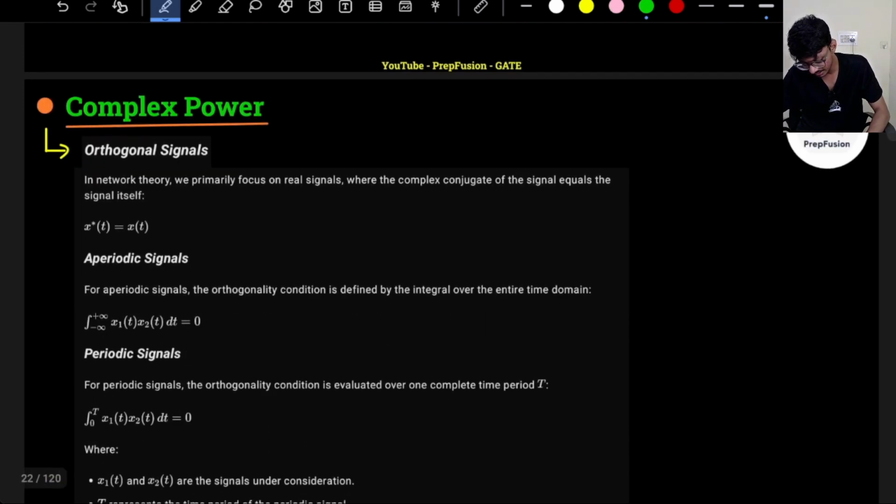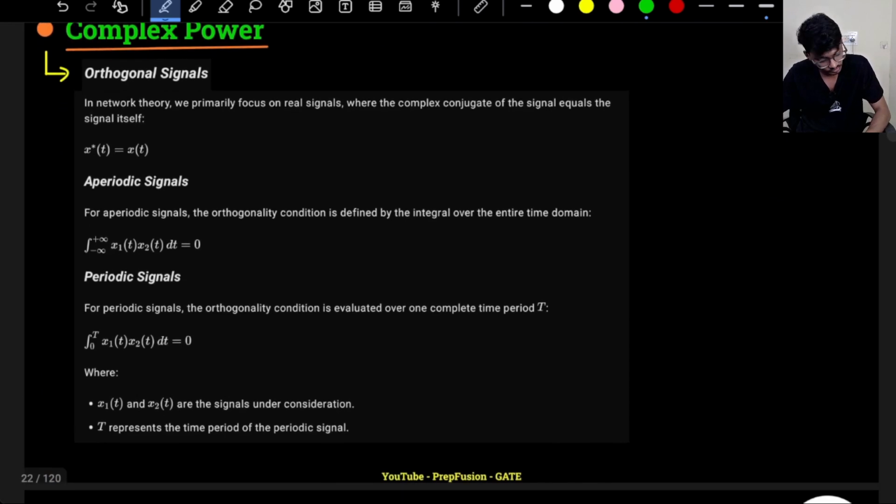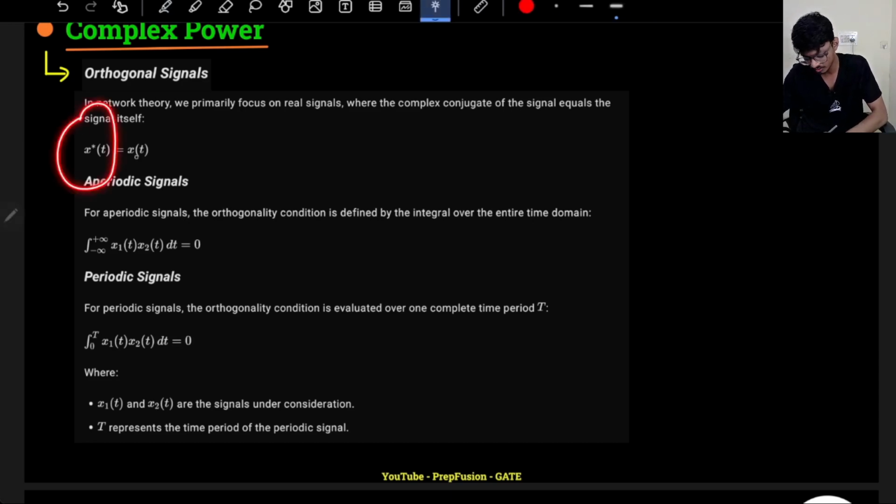But one important thing to notice here is that in network theory we are only concerned about real signals. You will learn more about complex signals in signals and systems. For real signals, the conjugate of x equals x, because there is no imaginary part, only the real part.